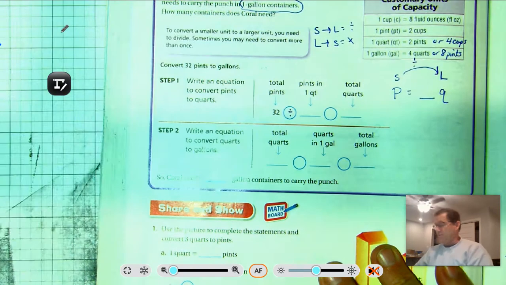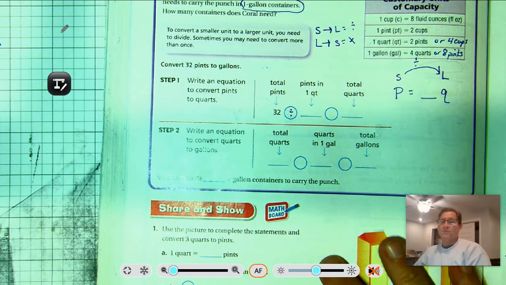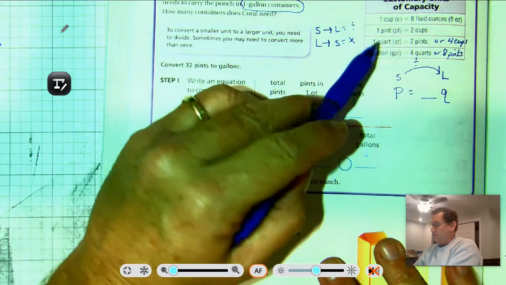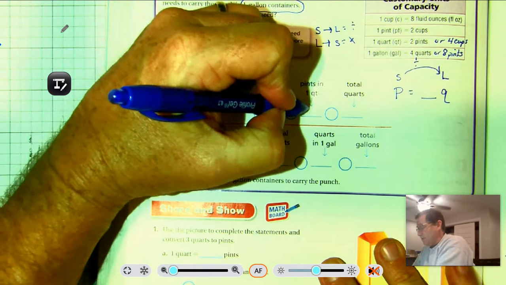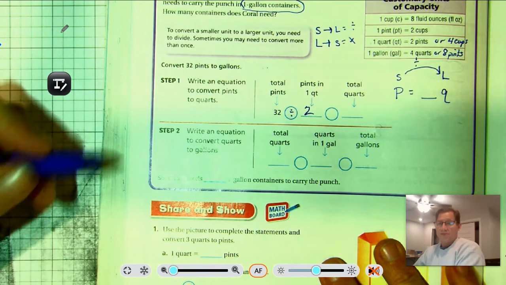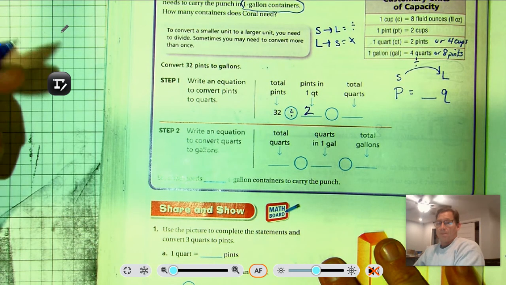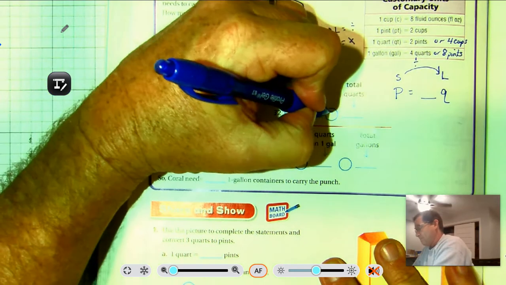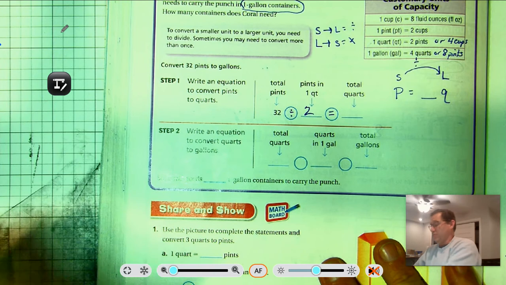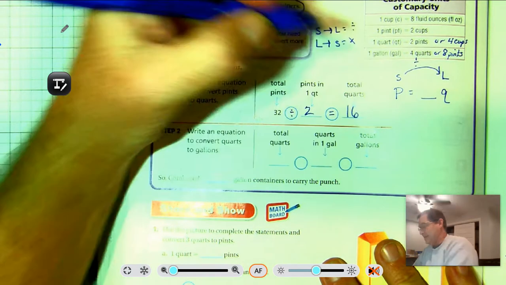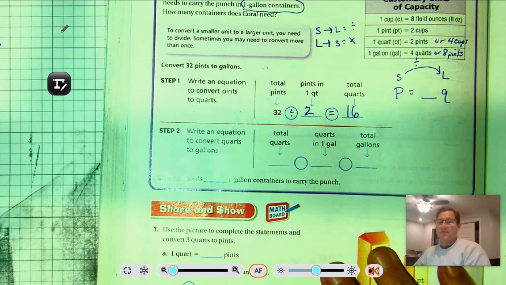So 32 divided by the number of pints in 1 quart. We look at the chart and we see 1 quart is equal to 2 pints. So we're going to divide 32 by 2. So 32 divided by 2 equals 16 quarts. I know that half of 32 is 16.